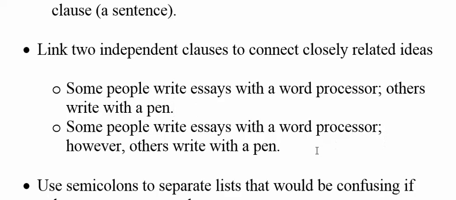This next one is the same thing. The difference is that this one has a transition in it. Some people write essays with the word processor; however, others write with a pen. It's the same thing. You have a complete sentence on either side. Notice small case, notice small case, and notice the comma right there.